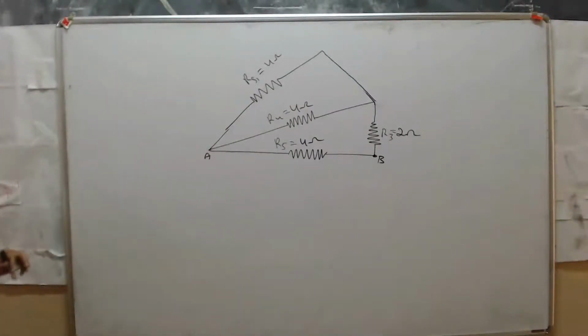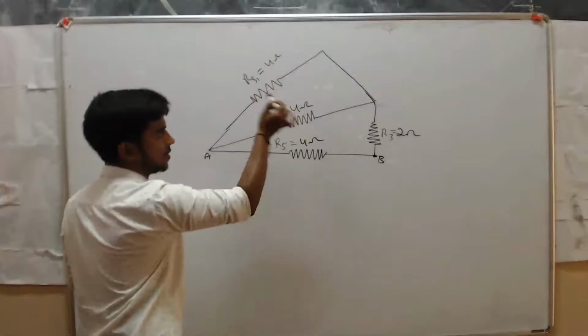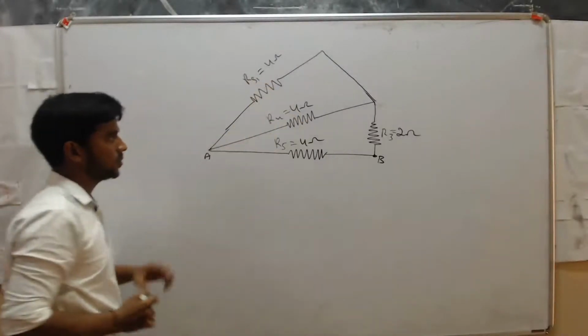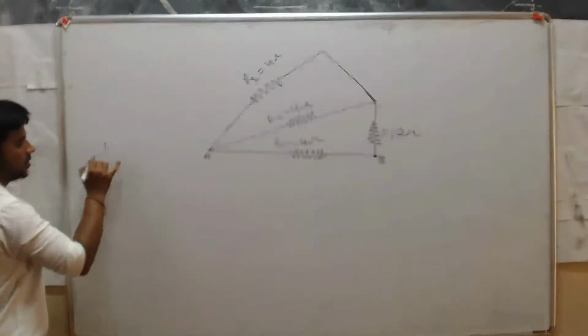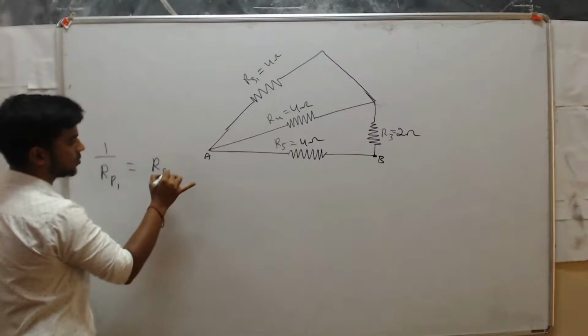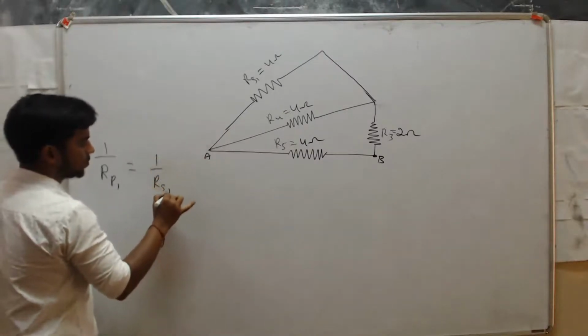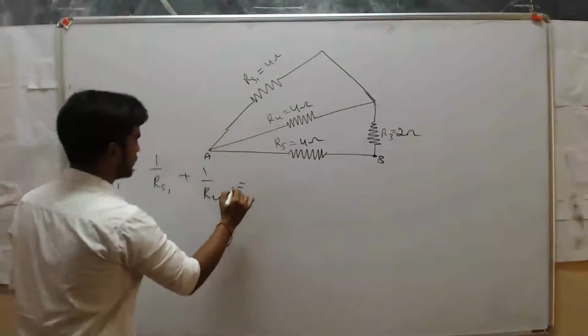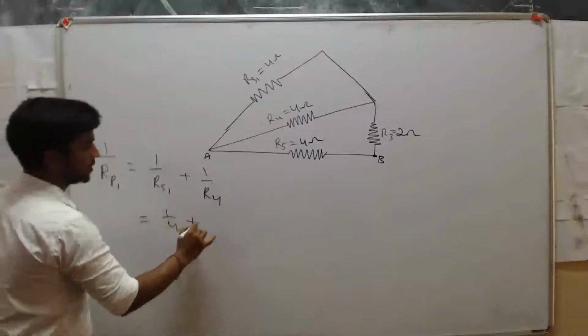Just think where the resistors are in series and where they are in parallel. Now these two are in parallel, so solve these two. 1 by RP1 is equal to 1 by RS1 plus 1 by R4, that is 1 by 4 plus 1 by 4.